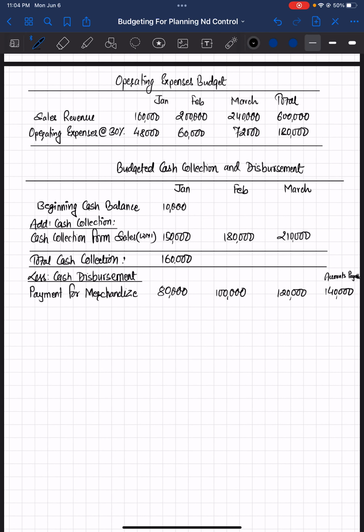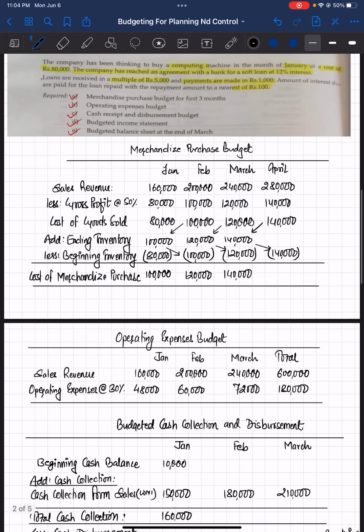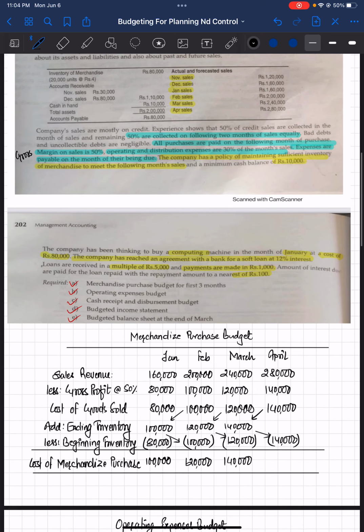So what we'll have is payment for operating expenses. We have a monthly breakdown of the operating expenses over here, so we'll have it written over here in our budget. That's 48,000, that's 60,000, that's 72,000.